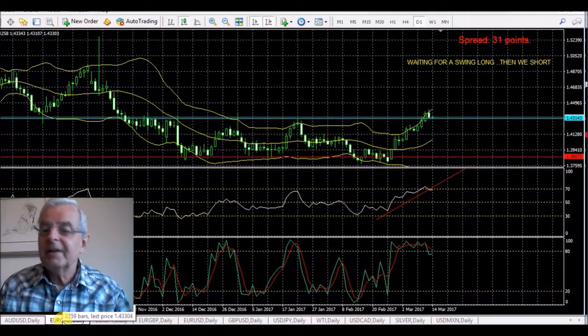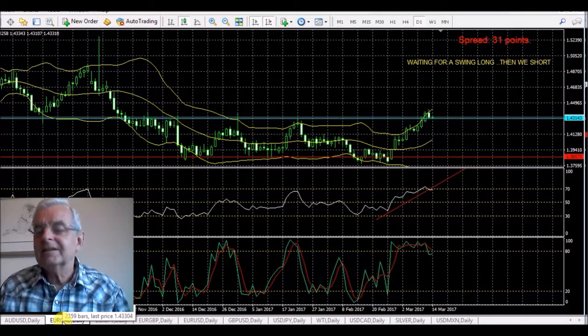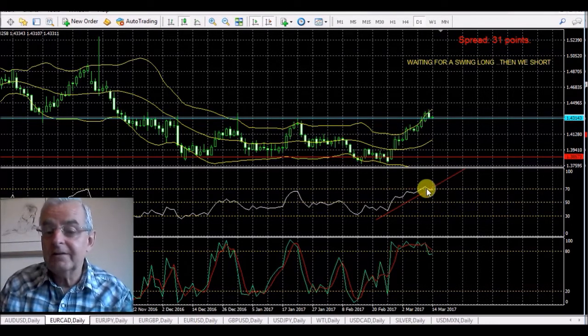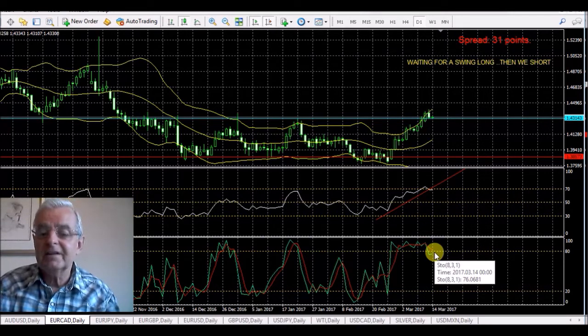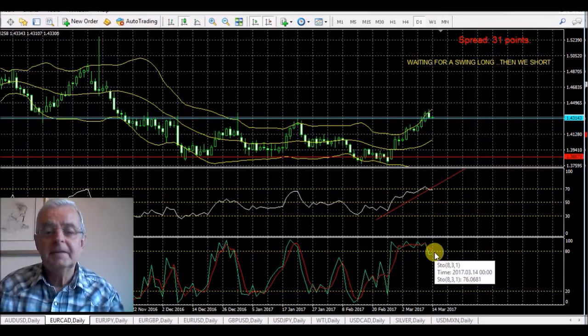Euro CAD, I really don't want to trade that. As I said the other day, it is at an extreme. It's overbought. It has crossed the trend line on the RSI, and it's at the top of the stochastic. But I don't really want to trade that.